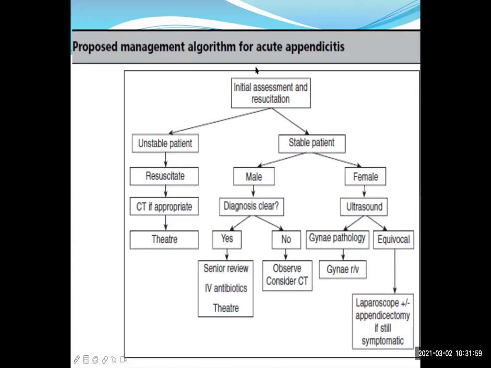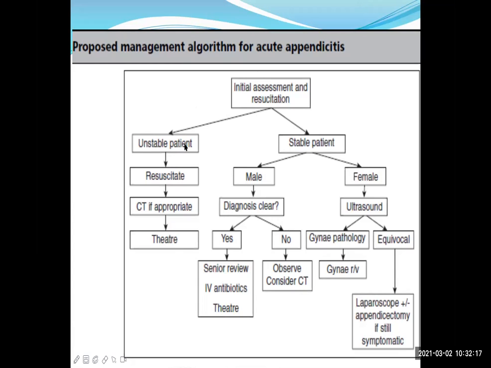This is a proposed algorithm for the management of acute appendicitis. You can see this on your own later on, because you already got the concept. In the beginning, we have to assess whether this is a case of appendicitis or not, and resuscitate the patient.